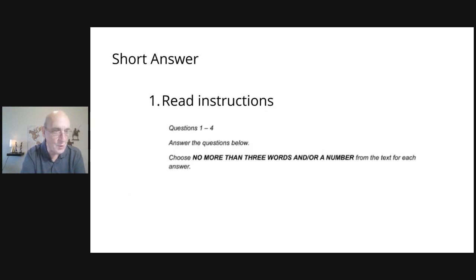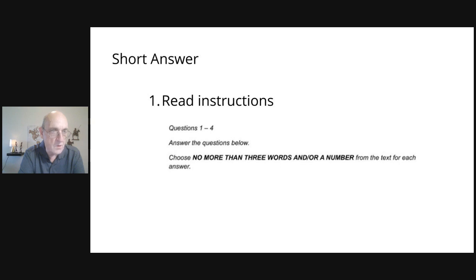And so, as usual, we always begin with carefully reading the instructions. If you pay attention to the instructions throughout the IELTS exam, it's such an important thing, because in every section of the IELTS exam, no matter what question type it is, a key component of your score is task achievement.